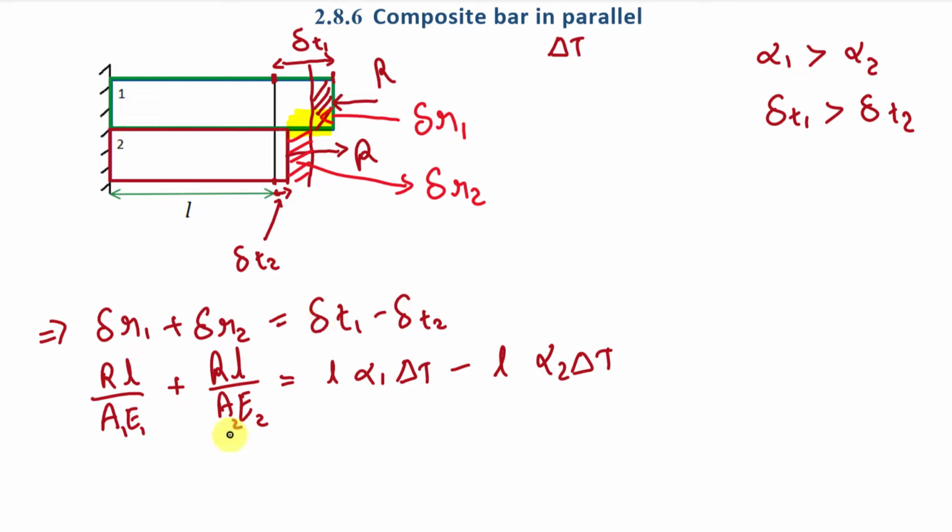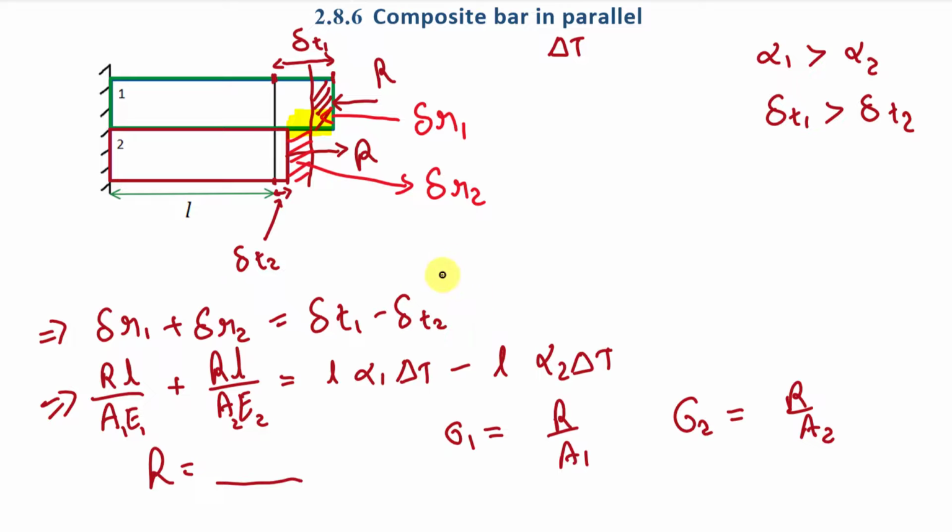So we have this equation, and in this equation all the values will be given to you, only the value of reaction needs to be found out. So from this equation you can find the value of reaction, and once you have the value of reaction you can find the value of sigma, that is the stress in body 1, and it will be R divided by A1, and you can find the stress in body 2, that is R divided by A2. Here you have to take the value of R as positive.